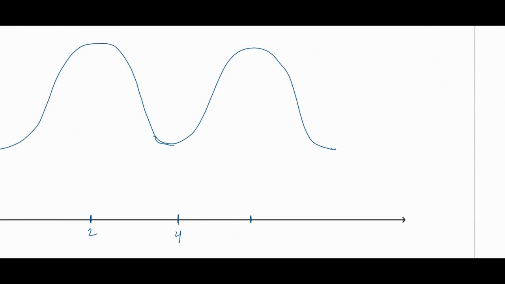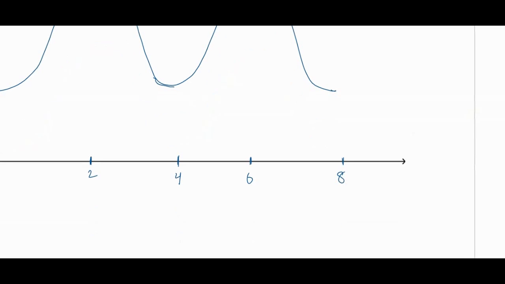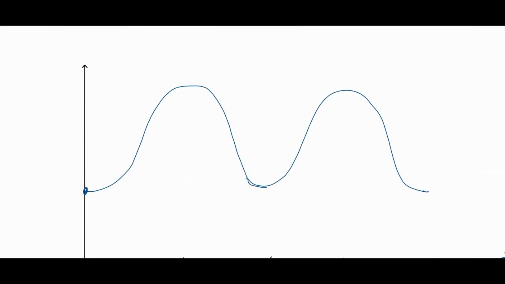This is 6, and this is 8. And my scale's a little bit off there, but that's okay. It's just a sketch. It's the labeling that's important. So this is obviously time in minutes. So T for time. And this will be H for height, again in this case in meters.